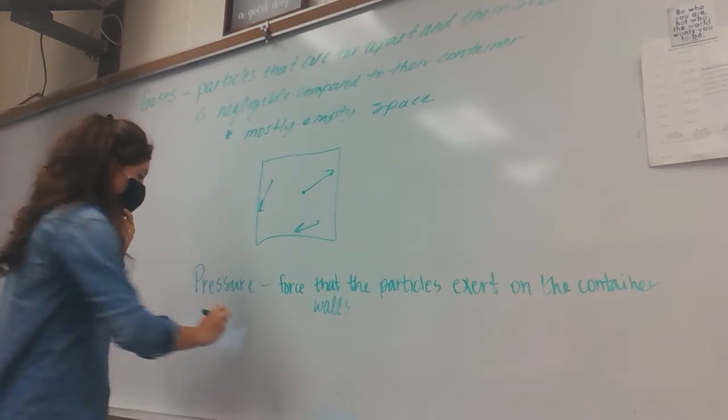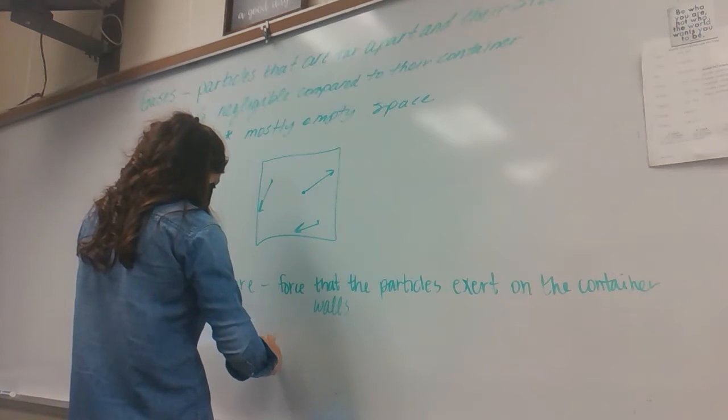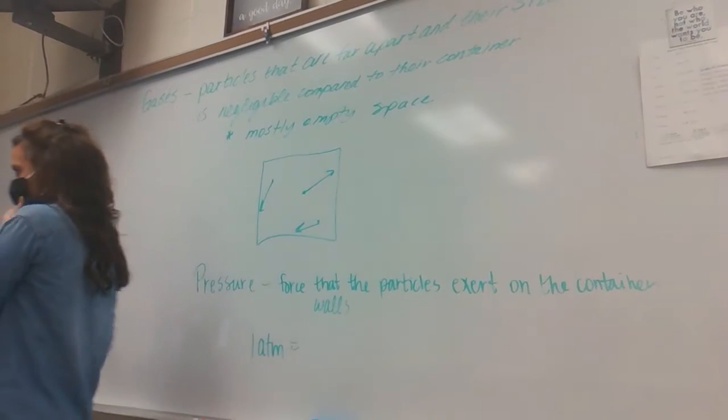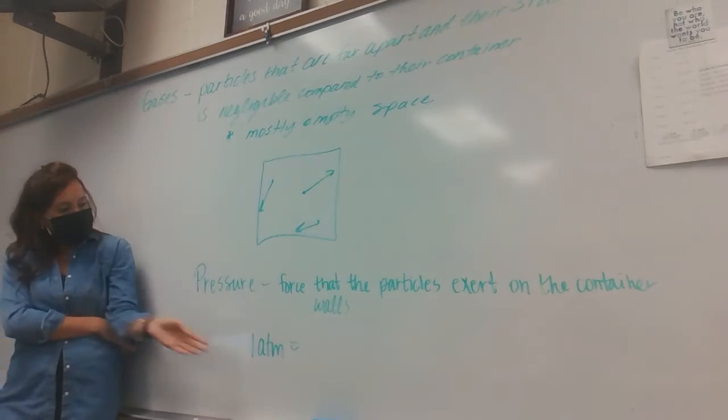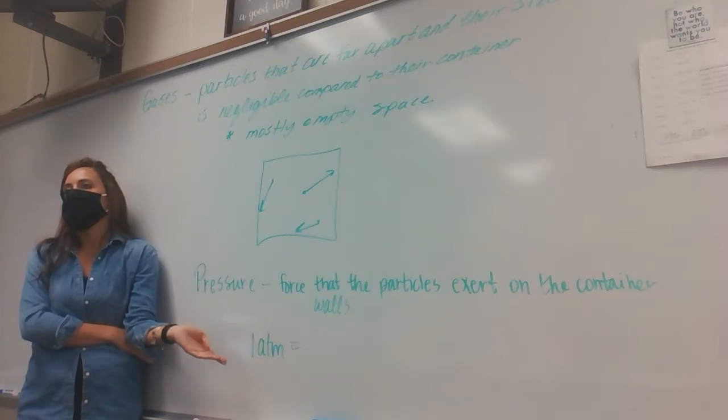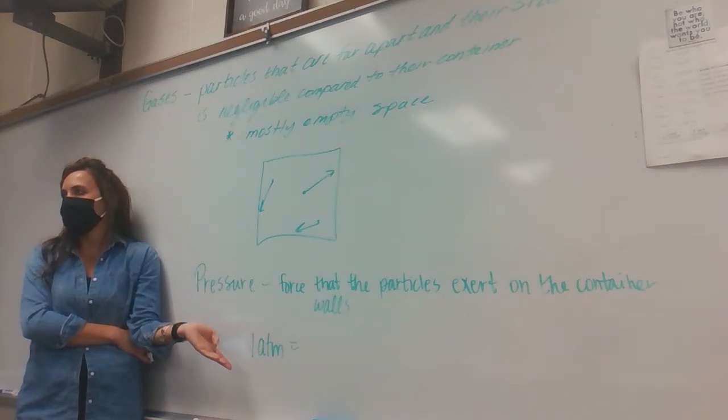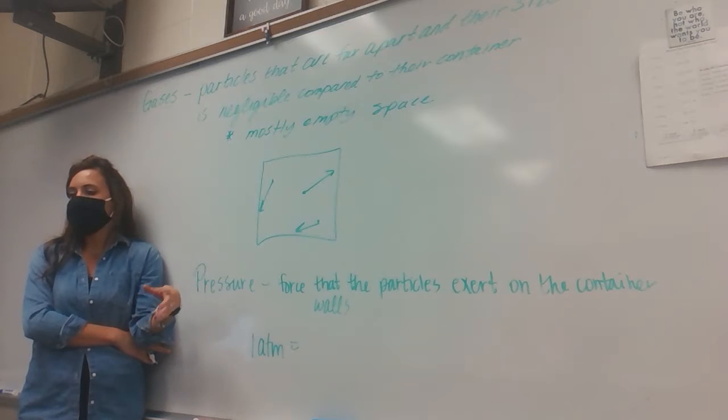And we call that 1 atmosphere pressure, or 1 ATM. And because of that, atmospheres are the most common unit of pressure that we use in chemistry. In physics, you use pascals, and here we use atmospheres.